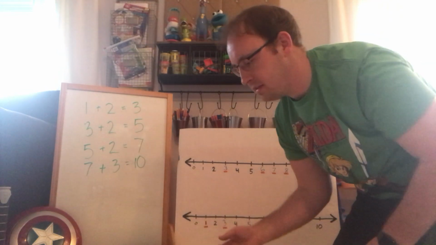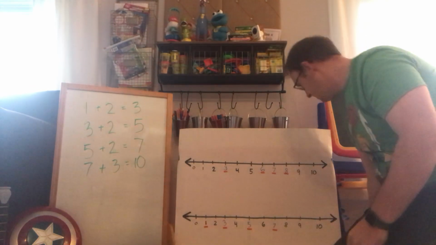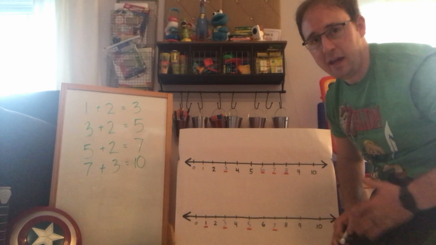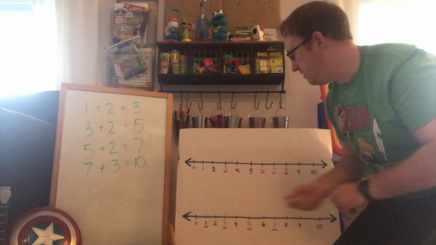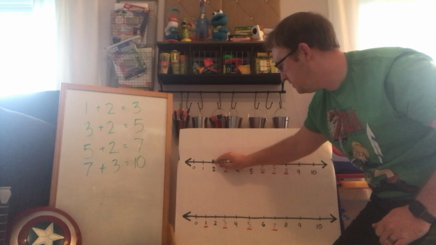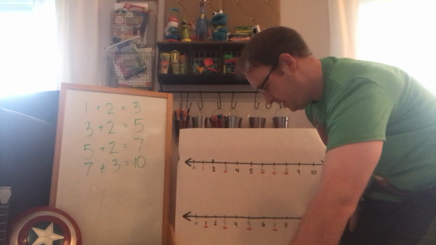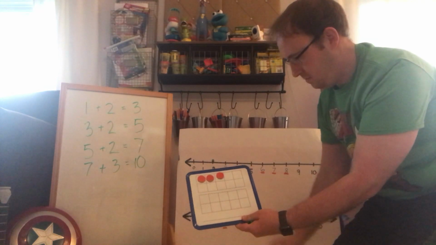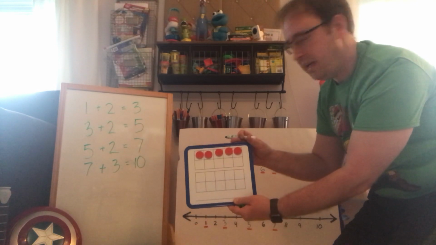And you rolled your dice and you got a 3, okay? You could use a number line to help you figure out how many you have in all, to help you add. So on this number line, I'm going to start right here at 2. So I'm going to put a dot right here on the 2. I rolled a 3, so we'll add 1, 2, 3 counters on my game board.